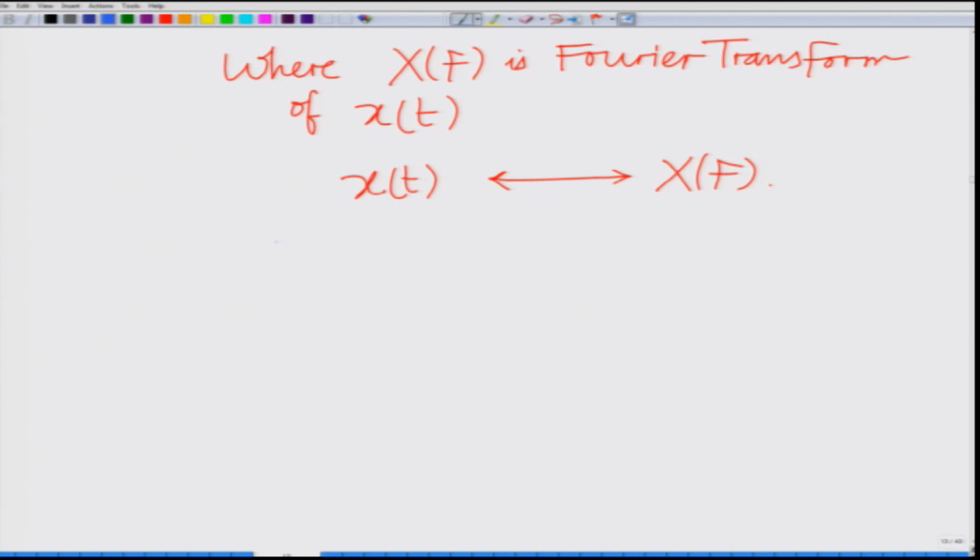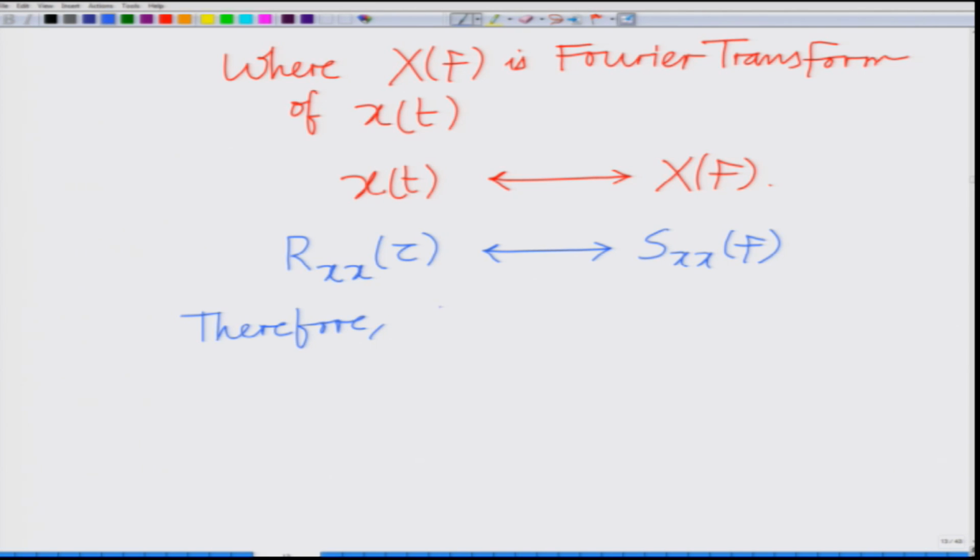Sxx of f is the Fourier transform of Rxx of tau. Therefore, Rxx of tau is the inverse Fourier transform, the IFT, of Sxx of f.